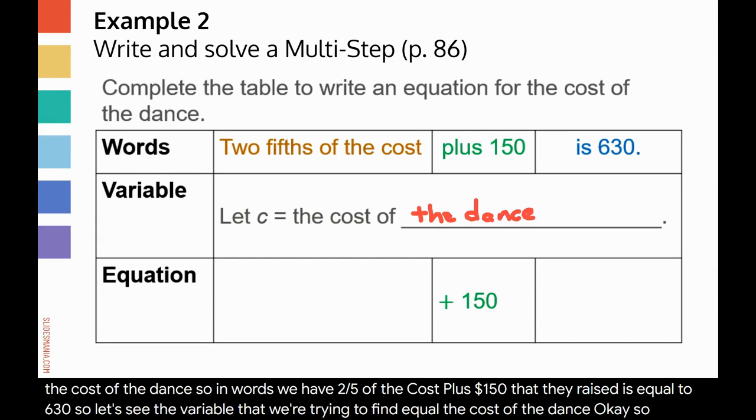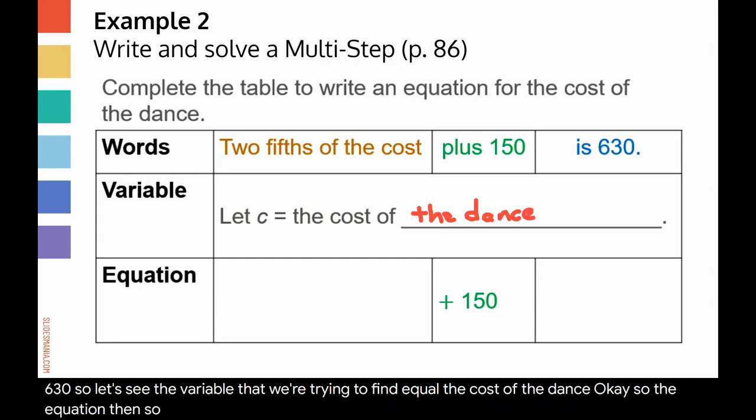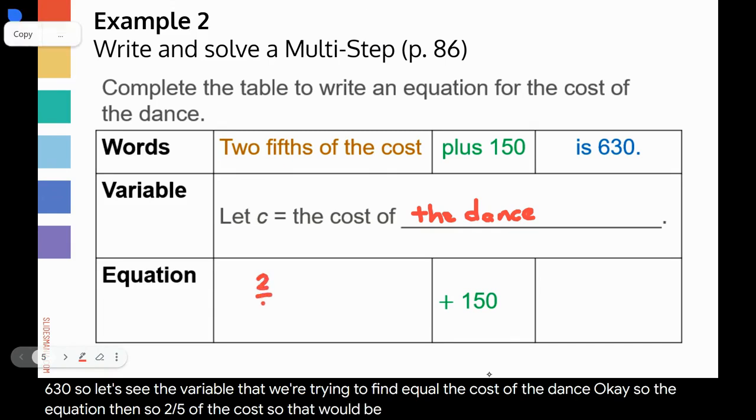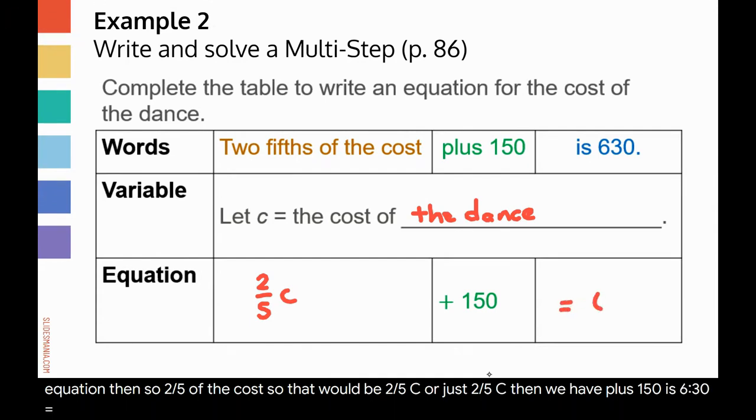Okay, so the equation then: 2/5 of the cost, so that would be 2/5 times C, or just 2/5 C. Then we have plus 150 equals 630. Okay, so that is our equation that we are going to solve.